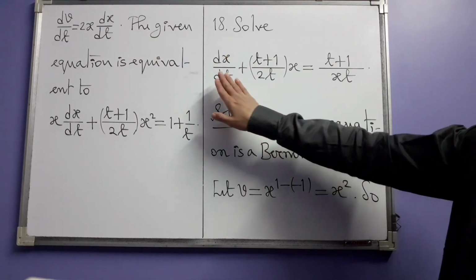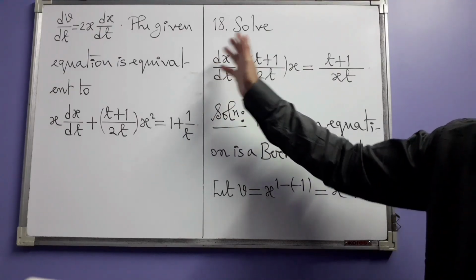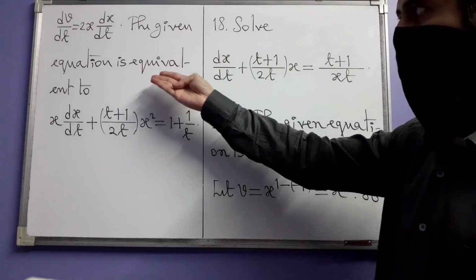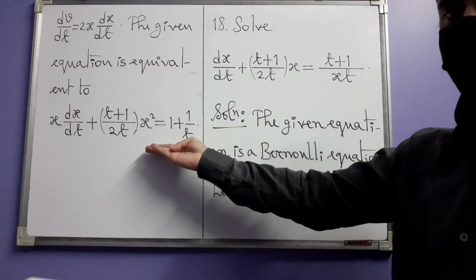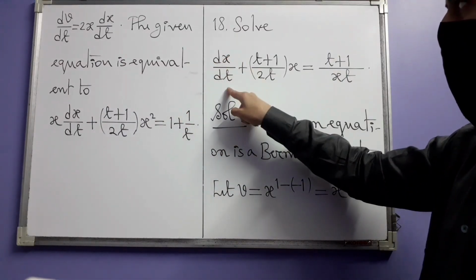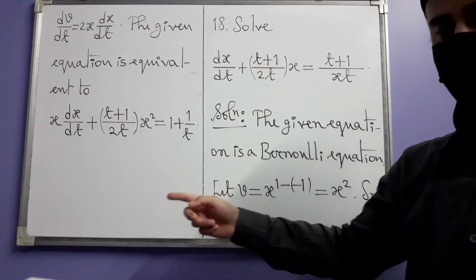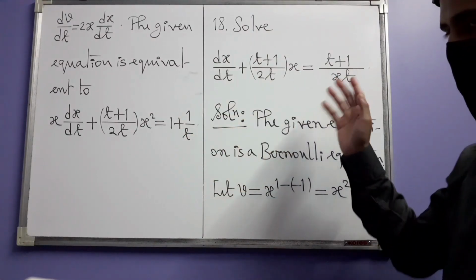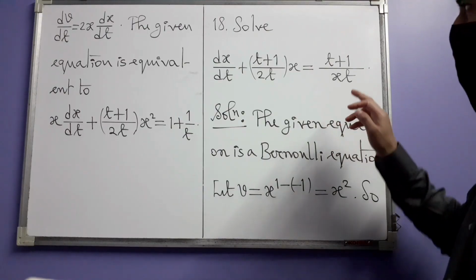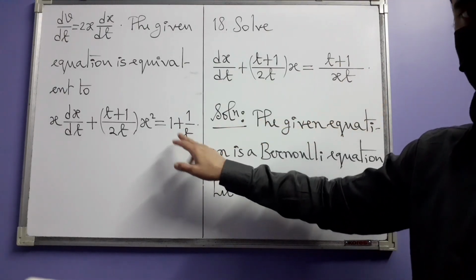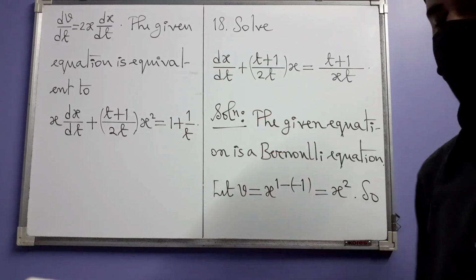To do that, we need an x here, so we multiply both sides by x. So this is how we write. The given equation is equivalent to the following one: x times dx/dt plus this term times x squared equals, now no longer x will be there, t plus 1 divided by t, which we can also write like this. This will help us in doing the integration.